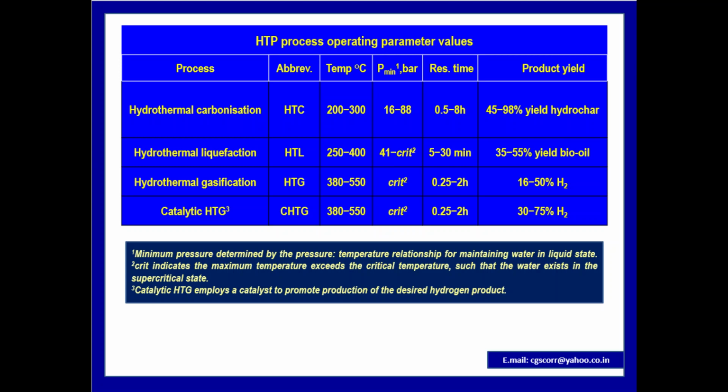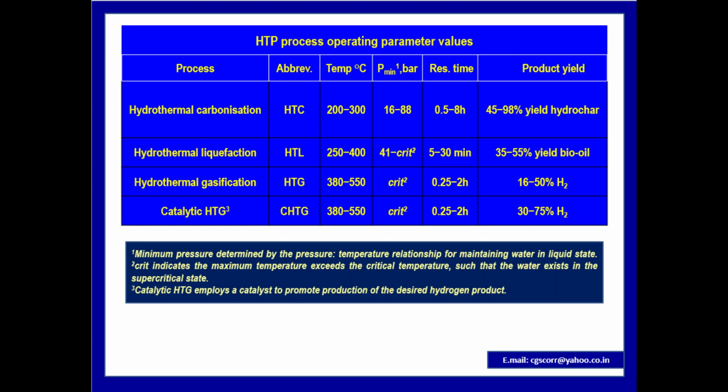And finally we have catalytic hydrothermal gasification, shortly called CHTG. Temperature range 380 to 550 degrees centigrade. Again, pressure minimum critical. That is, critical indicates the maximum temperature exceeds the critical temperature such that water exists in the supercritical state.